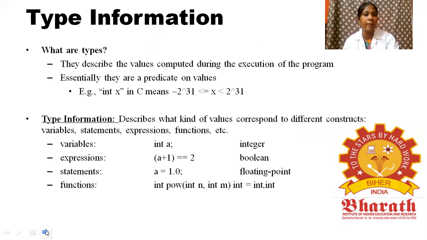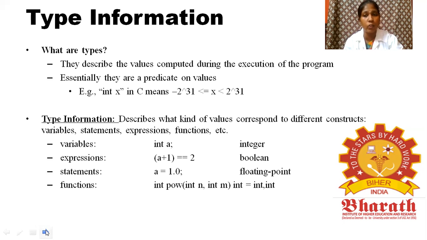So the type information describes what kind of values correspond to different concepts. Mainly we'll be concentrating in semantic analysis on variables, statements, expressions, functions, methods, procedures, etc. In variables, if it's int a, it is an integer. If it's an expression, a plus 1 equal to means that is a Boolean expression.